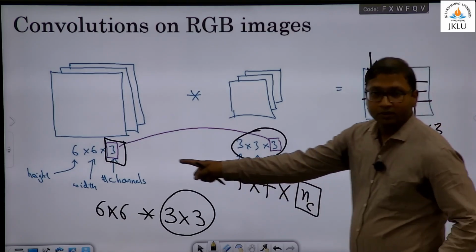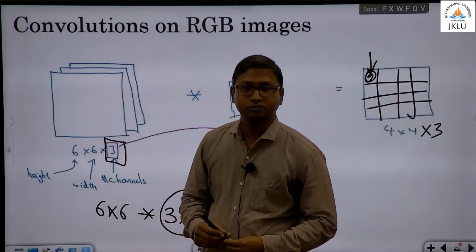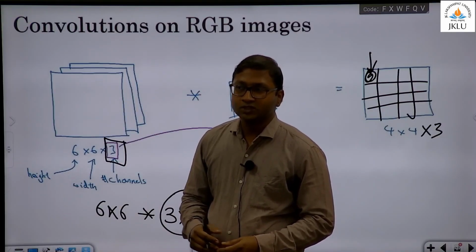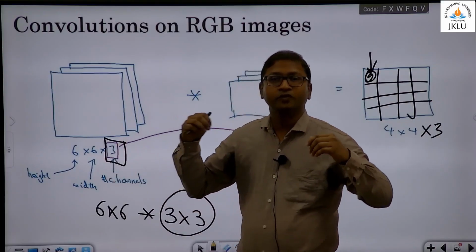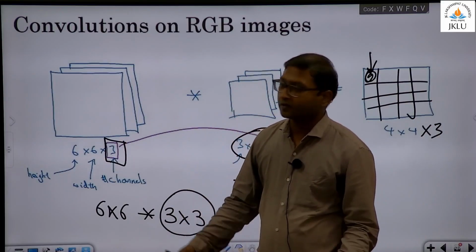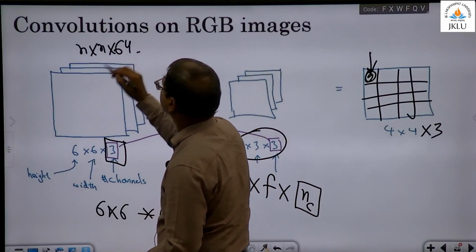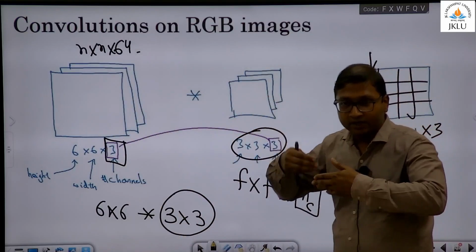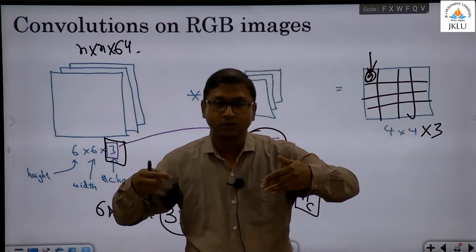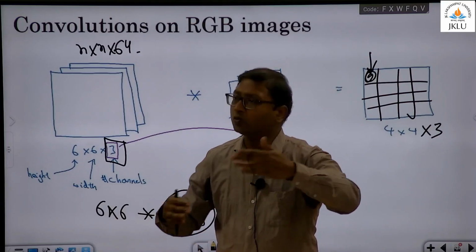So if anybody in SIH, have you gone through ISRO problems? If it's in ISRO's problem, you will generally see we have a data set of images of size n cross n cross 64. So that means we don't just have RGB, we also have what is the altitude at that particular place, what is the temperature, dew, and so on.